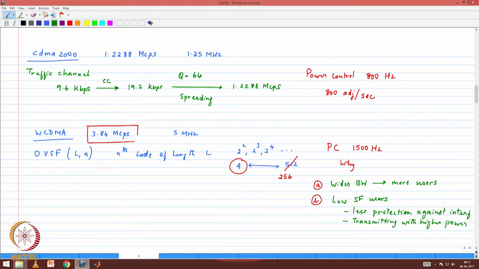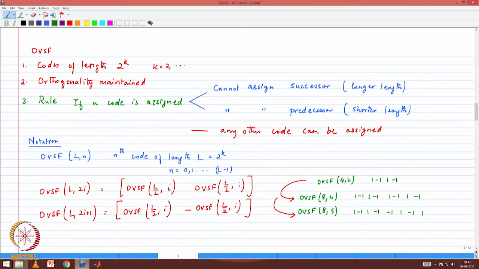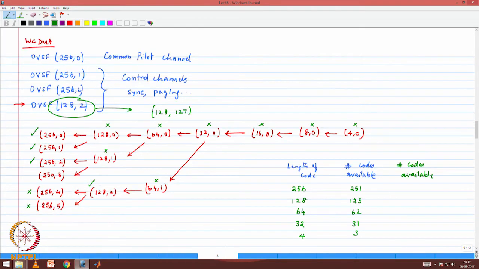Okay, yesterday we did the OVSF. We will not repeat that except to go through and fill in the last column. If you had assigned 128,127 instead of 128,2, you should get the following codes. Does not affect the length 256 codes, does not affect the 128 codes.